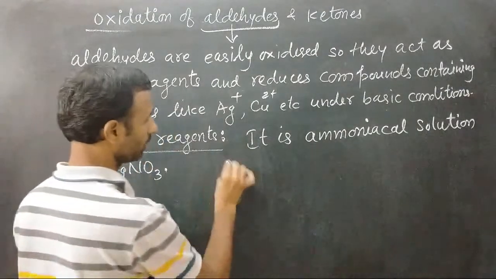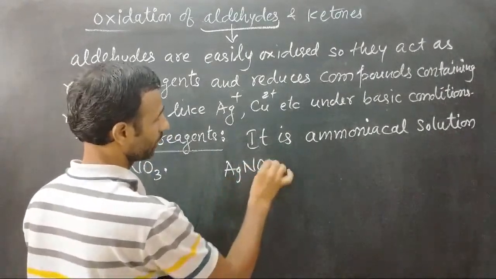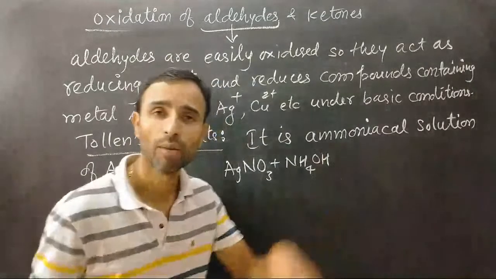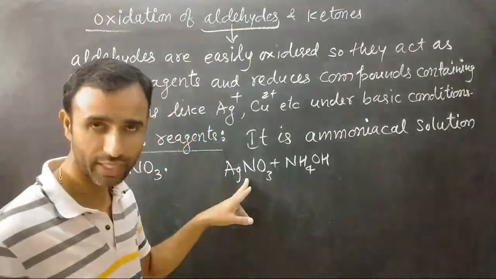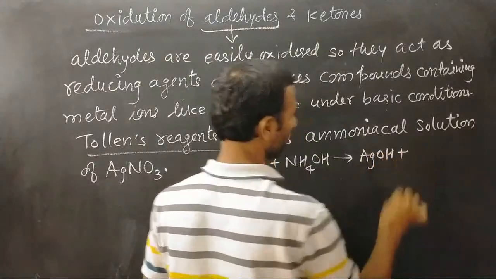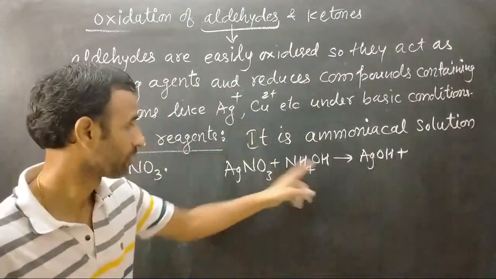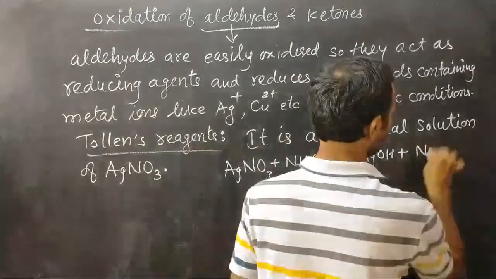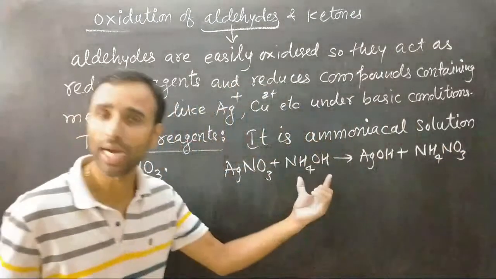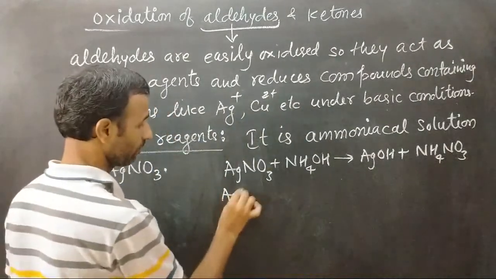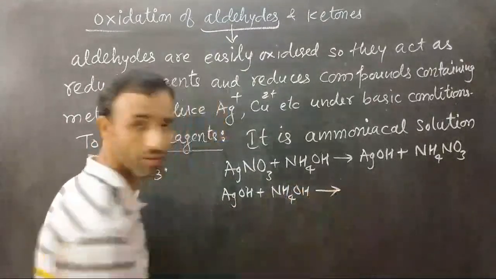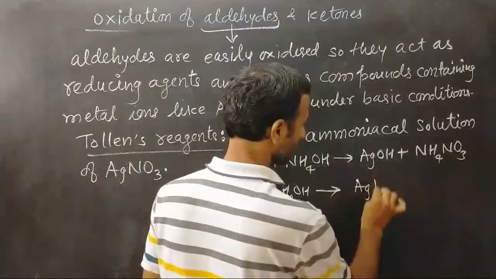First of all, silver nitrate is treated with ammonium hydroxide, meaning we pour ammonium hydroxide into silver nitrate. Okay, and at first we get a white precipitate of silver hydroxide, along with ammonium nitrate, and we continue to add ammonium hydroxide till these precipitates dissolve in it. Okay, and we get ultimately this complex.